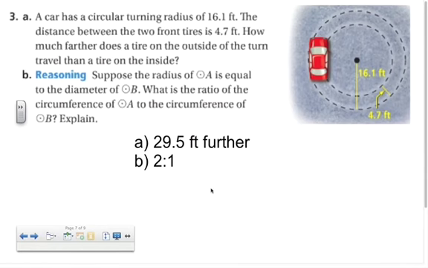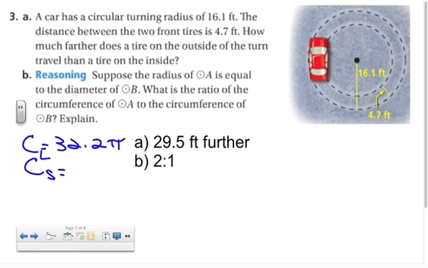The outer tire will travel approximately 29.5 feet further. Okay, the circumference of the large circle is 32.2 pi. Say that again? Okay. And then the circumference of the smaller circle would be 9, no, I'm sorry.